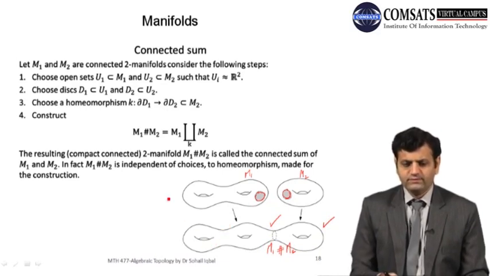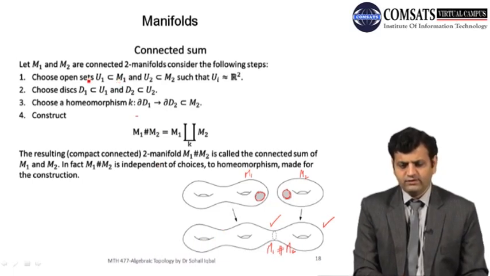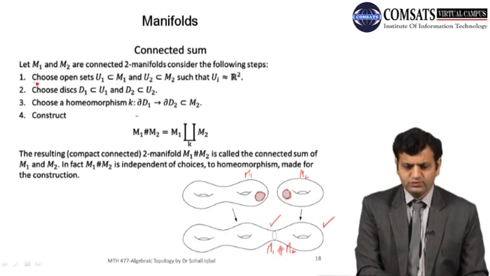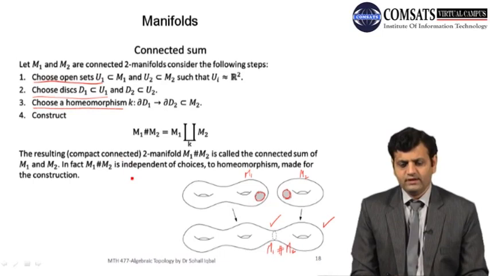Okay, so you can see that we made some choices when we were trying to construct the connected sum. For example, we said choose open sets U1 and U2, and then we said choose disks D1 inside U1 and D2 inside U2, and then we said choose a homeomorphism. So we made some choices.